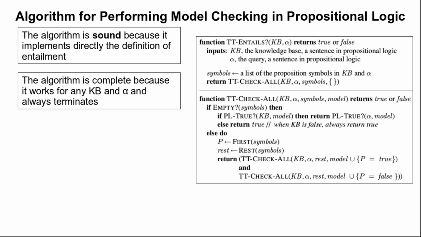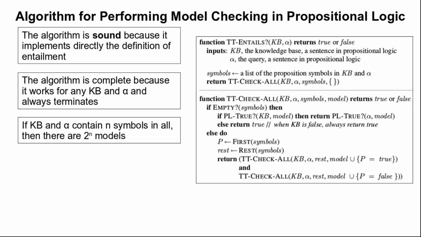The algorithm is also complete because it works for any knowledge base and alpha, and it will always terminate because our truth table is finite. Since the truth table is finite, we will be able to enumerate all the models and do the checking. So the algorithm is complete. If it is entailed, then definitely you'll find out that it is entailed.